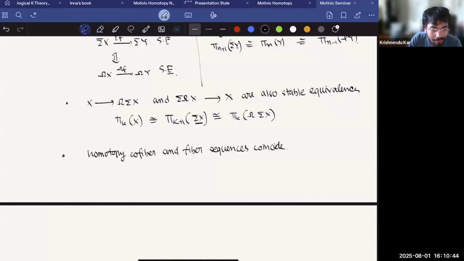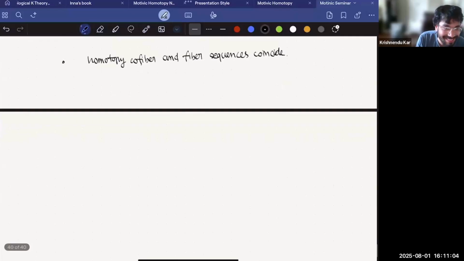Do you want to see the proof or do you want me to skip it? Maybe you can show at least for co-fiber. They coincide, so it doesn't matter. If I show you one, I'm showing you everything. So I personally like to start with the co-fiber sequence. So let's do it.